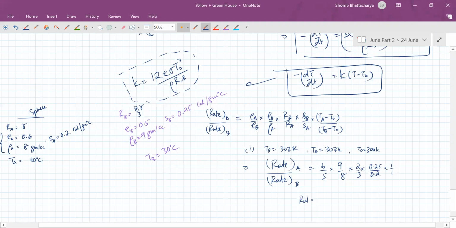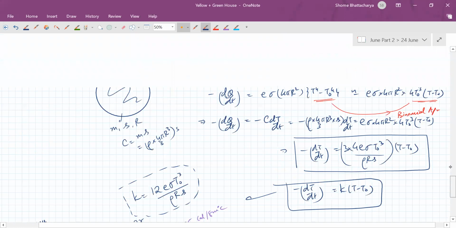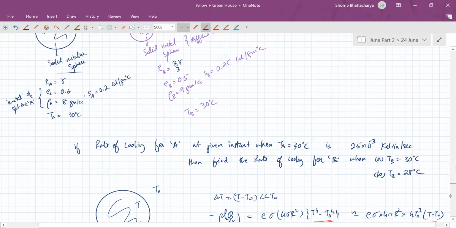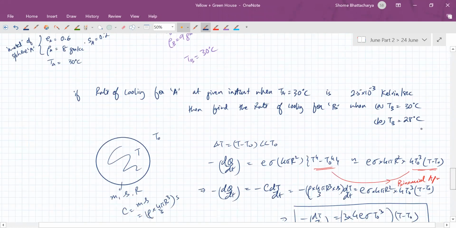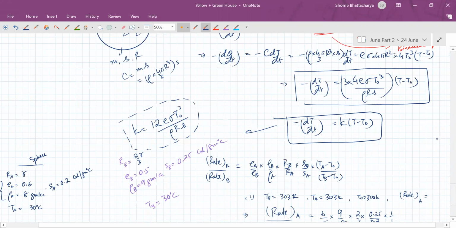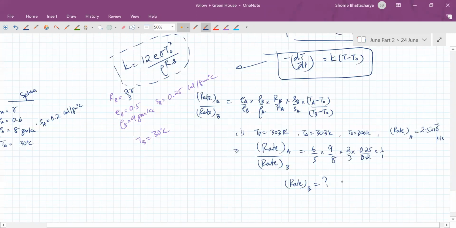From this, you can find out the rate of cooling for B. So you just have to inverse all this. So B will be this much in Kelvins per second.